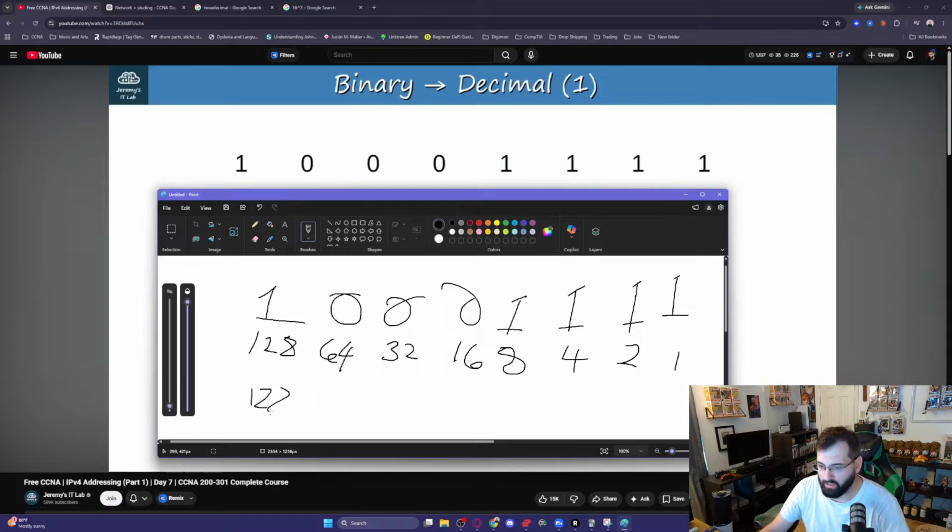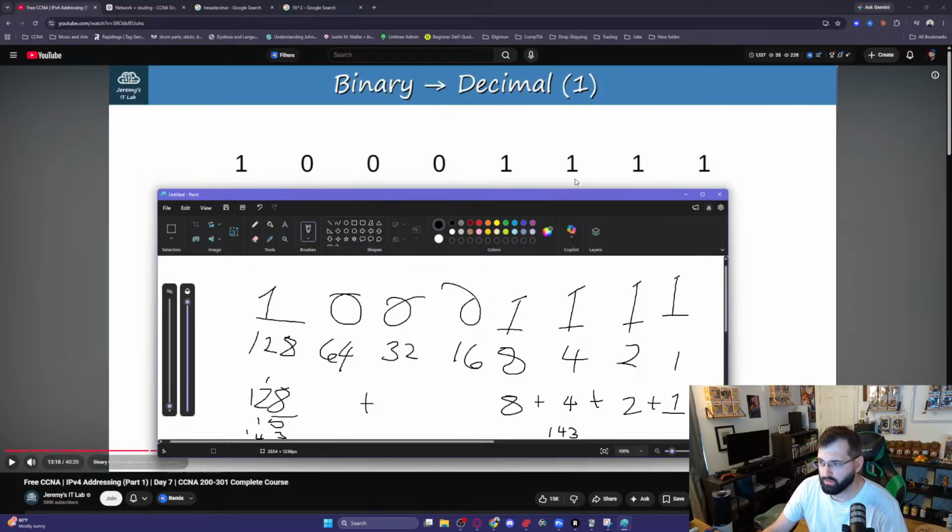We're going to add 128 plus 8 plus 4 plus 2 plus 1. So 8, 9, 10, 11, 12, 13, 14, 15. 15 added to this. That's going to be 13. Carry the 1. That's 2, 3, 4, and 1. So the answer is 143. Right? Yeah? Are we following?